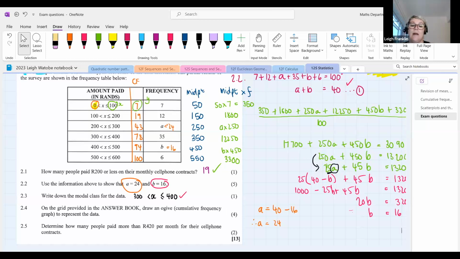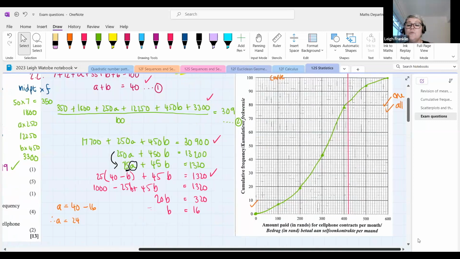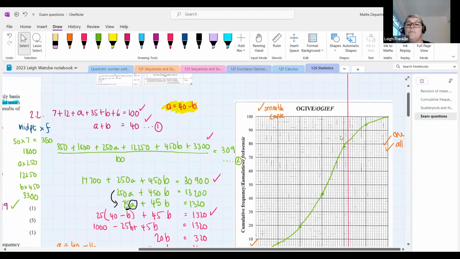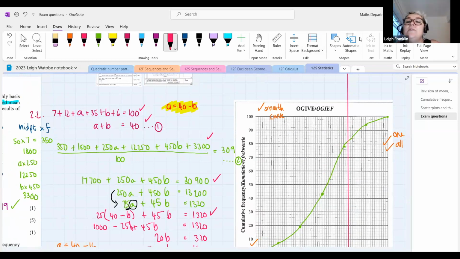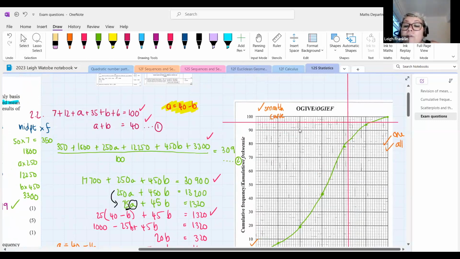So we're going to talk about how we're going to get this now. We're going to go to the 420 and we're going to go up. We get to where our curve is, and now we need to read off to the left-hand side. So again, I'm going to use my ruler. You need to use your rulers for questions like this, and show that you have used your ruler. All right, so now I'm going to go down.